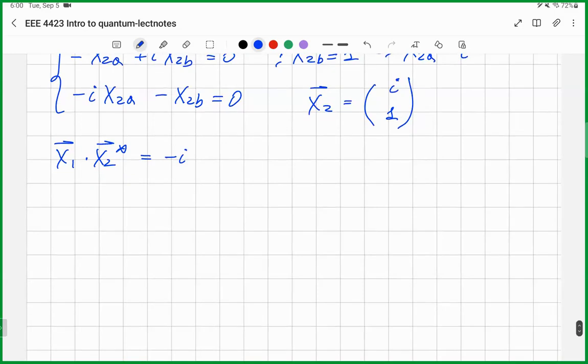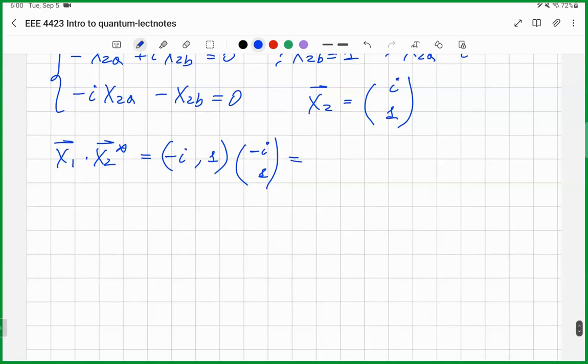So I write this in the row, minus i, 1. And the second is the column with components i, 1, but complex conjugation is minus i and 1, right? Okay, and now the product minus i times minus i gives us minus 1, and plus 1 times 1 is 1. So it's 0 indeed. So the vectors are orthogonal.